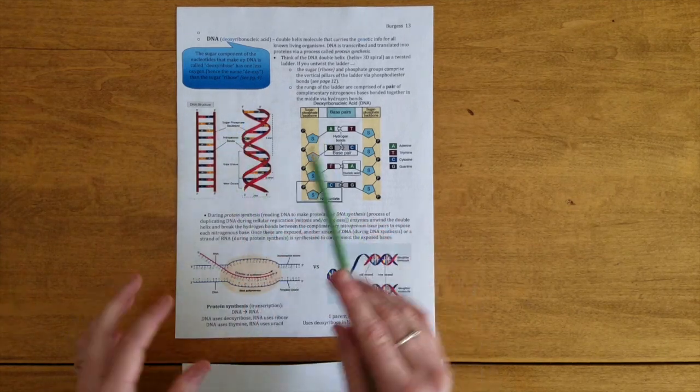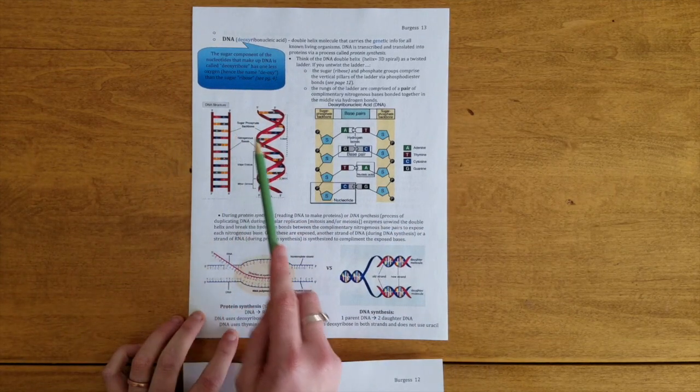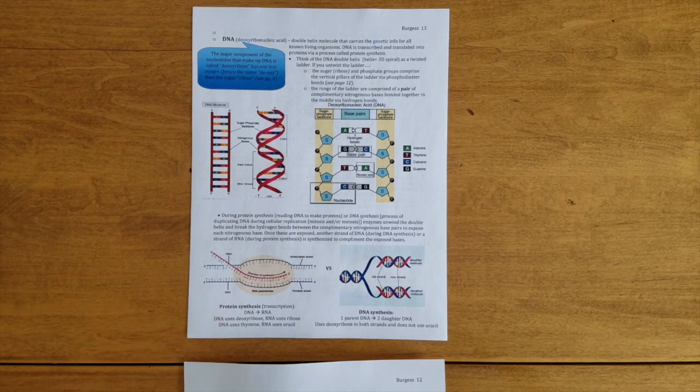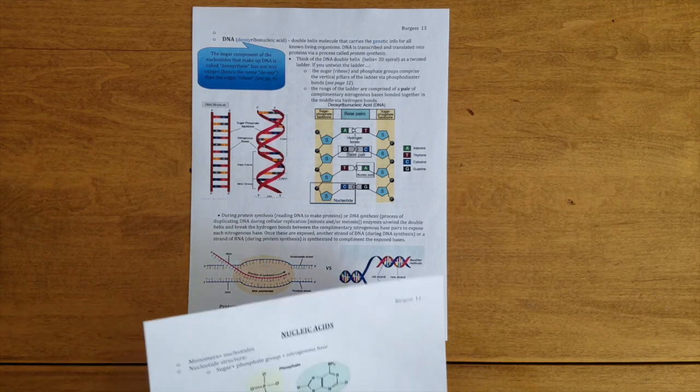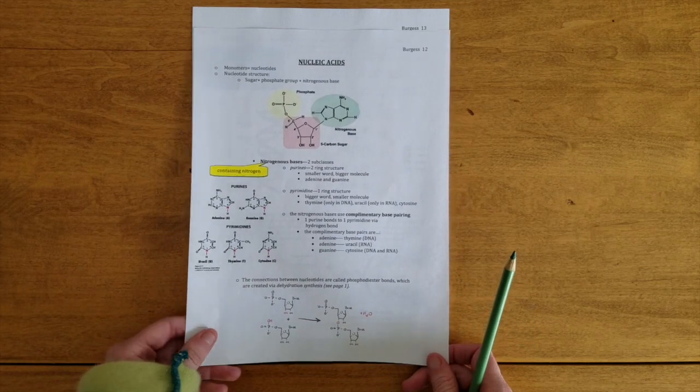So if we untwist that ladder, basically the rungs of the ladder are made up of those nitrogenous bases we talked about. And this is where that complementary base pairing comes into play.